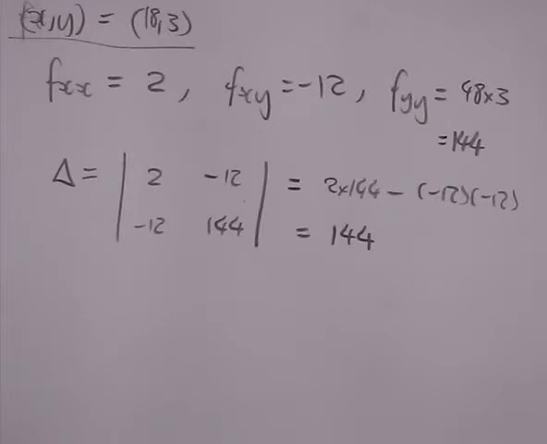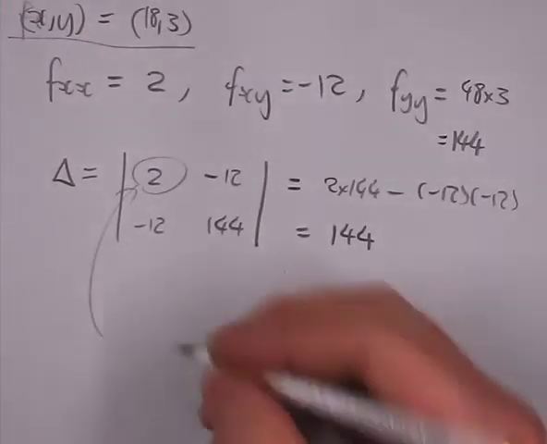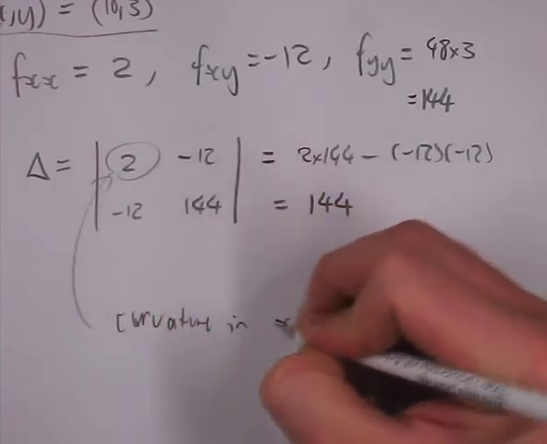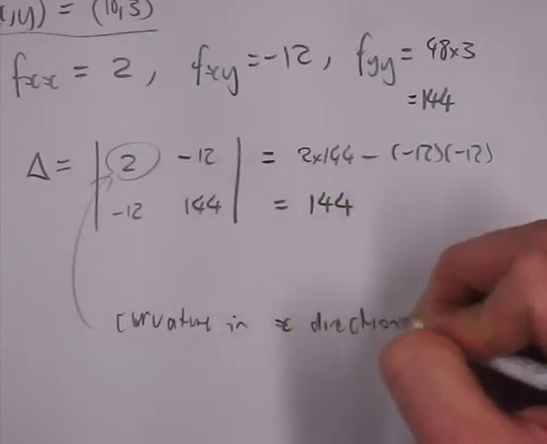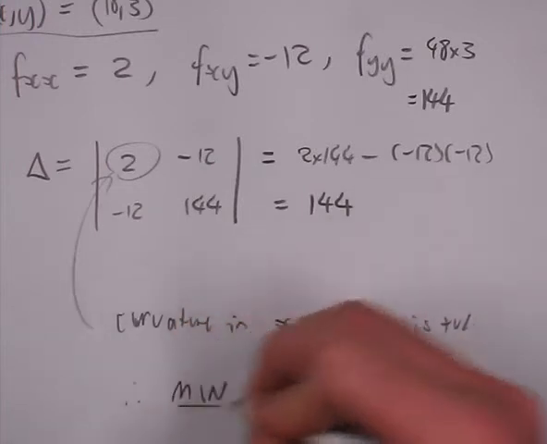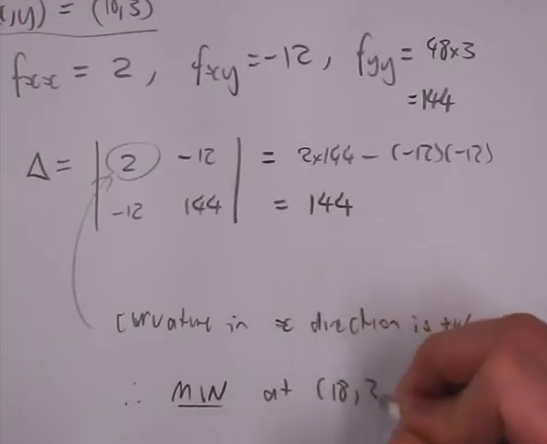And if it was at the bottom of the valley, the curvature, no matter which way you look, must be positive because it's always curving up everywhere. So I just have to look in either the x direction or the y direction and see what the curvature is there. And look, curvature in the y direction is positive, in the x direction is positive. It must be a minimum. So therefore, it's a minimum at 18, 3.